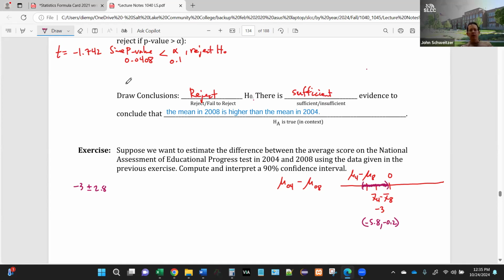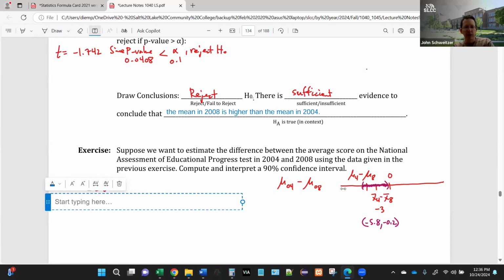Okay, so we'll have our traditional interpretation of the confidence interval first.